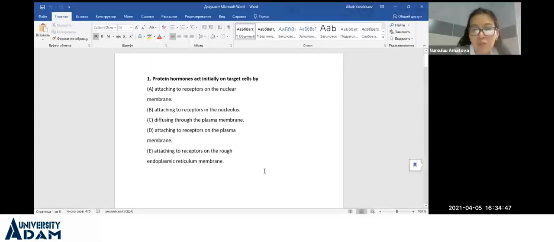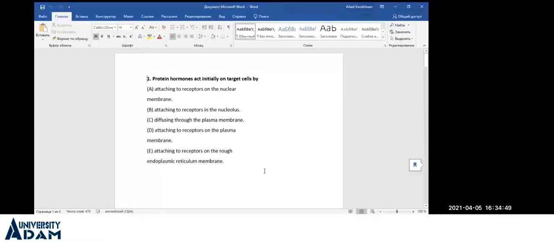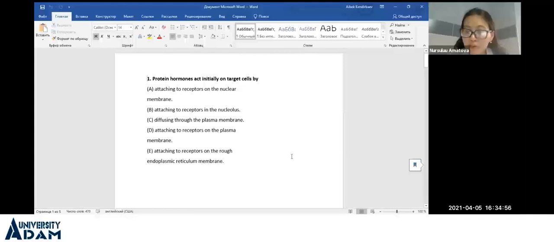Which one is right? Ma'am, D, attaching to the plasma membrane. Yes.